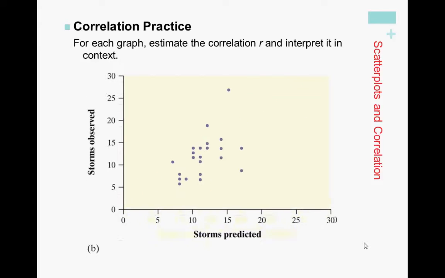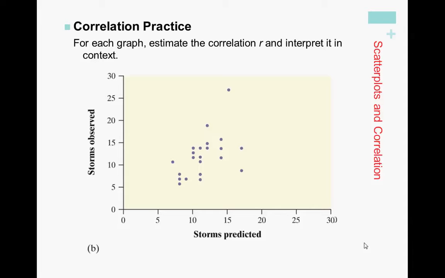Okay, same thing. Please hit pause, think about your answer or talk about it, then hit play when you're ready. This is certainly a weaker R. It's still positive, I'd say. We're still heading uphill mostly. My best guess would be somewhere around 0.3 or 0.4.